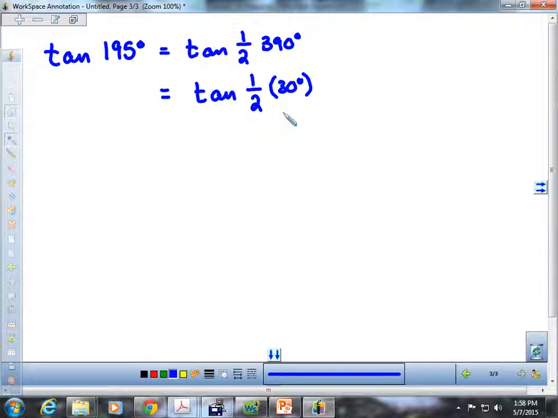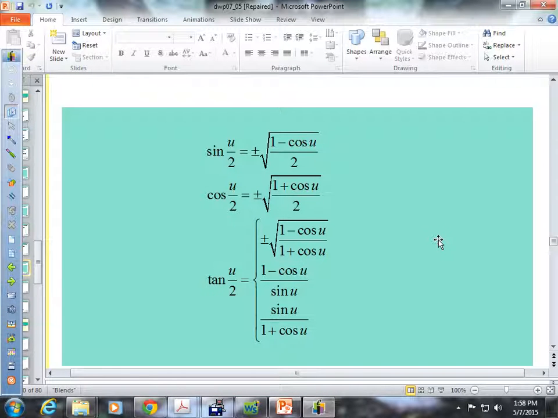And now we can use our half angle identity for tangent. Tangent of 1/2 of an angle says that it's equal to what? What's our half angle identity for tangent? And now again here, folks, let's use this to our advantage.